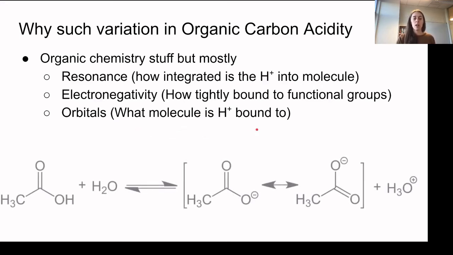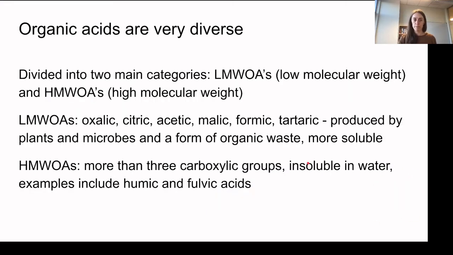All of that results in how easily, if you put this organic acid in water, it can pluck off these hydrogen ions and result in excess hydronium ions in your fluid.